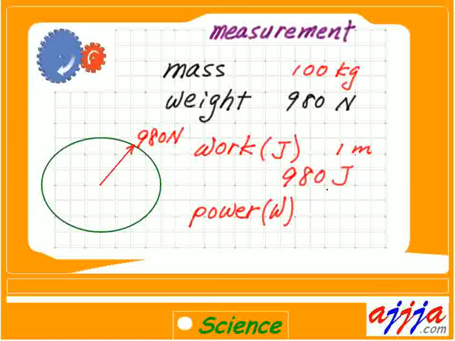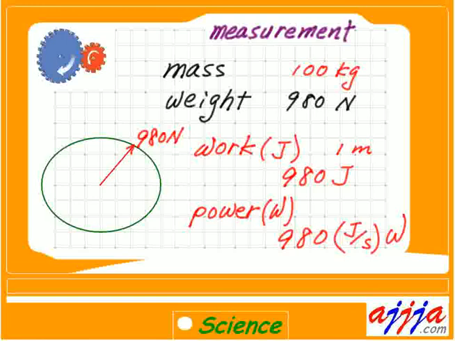Now 980 joules in 1 second means 980 joules per second, which we can write like this, and that's the same as what? Watt. That's it, 980 watts.